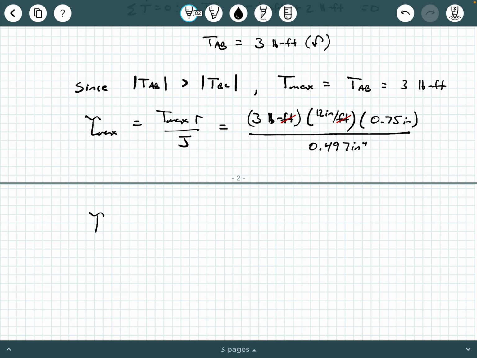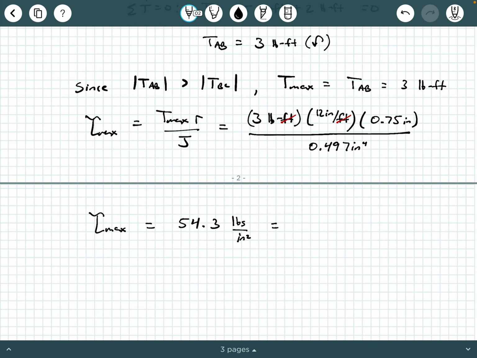And I'm going to use my trusted TI-36X Pro calculator again. So we have 3 times 12 times 0.75 divided by 0.497. And I get 54.3 pounds per square inch.